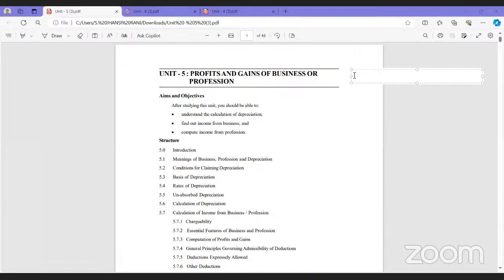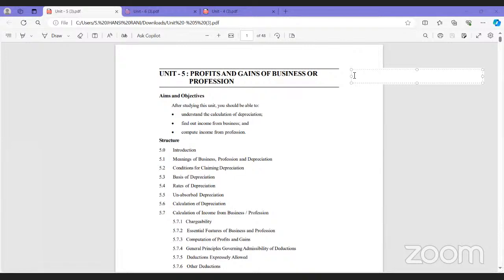So in order to escape or minimize my tax, as a business person, I will include all those expenses and incomes which are not related to the business, such as drawings, interest on capital.